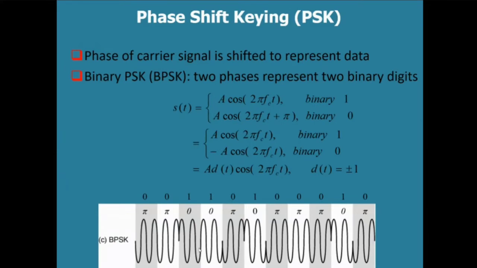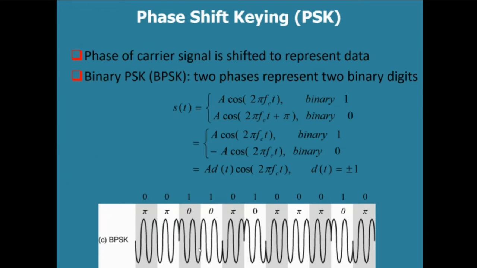So the next digital modulation technique is phase shift keying. Here the phase of the carrier signal is varied and shifted between the two different data, binary 1 and 0. So PSK, phase shift keying, generally we call it binary phase shift keying. Two phases represent the two binary digits.